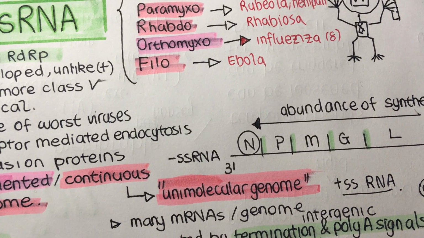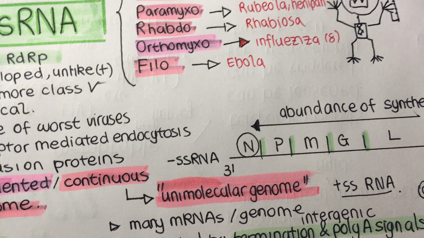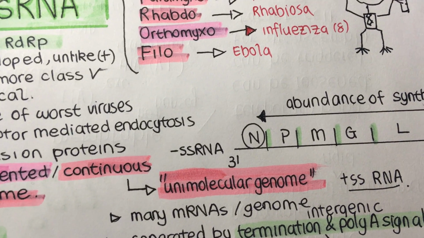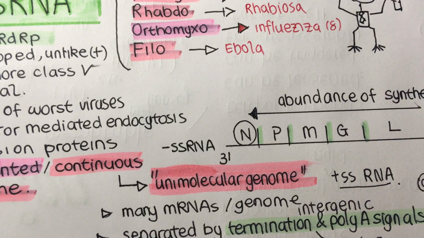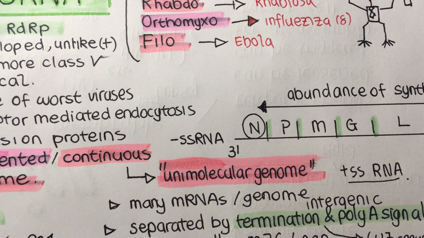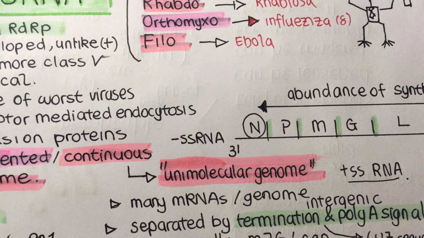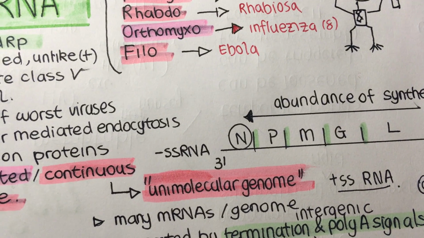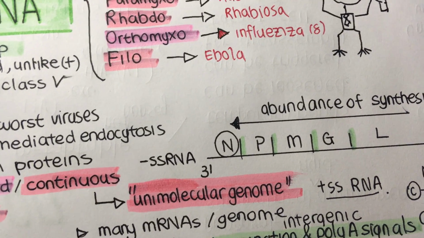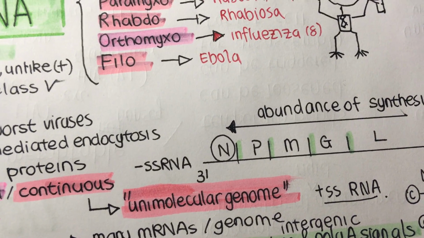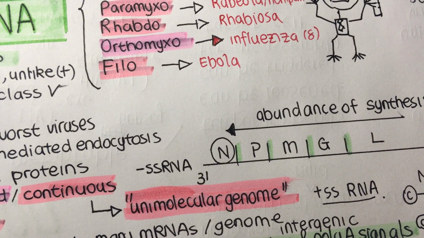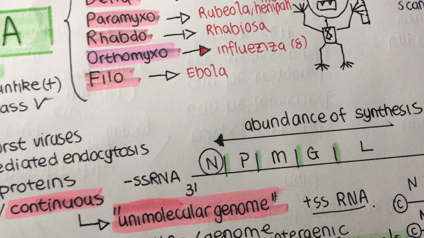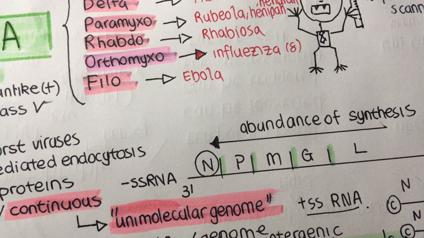And this basically tells the viral RDRP to stop for a minute, and sometimes it causes the viral RDRP to fall off, which occurs about 20% of the time, which means that genes which are located near the 3' end of negative single-stranded RNA are synthesized first, because transcription occurs in a 3' to 5' direction along negative single-stranded RNA.